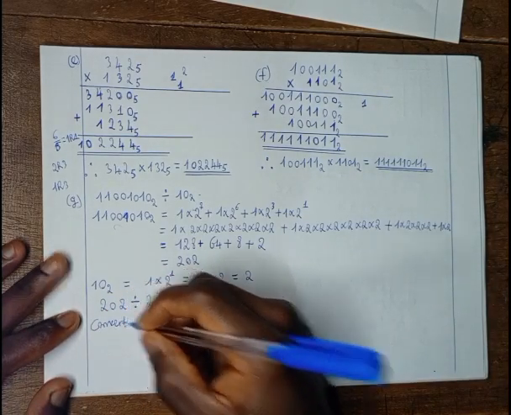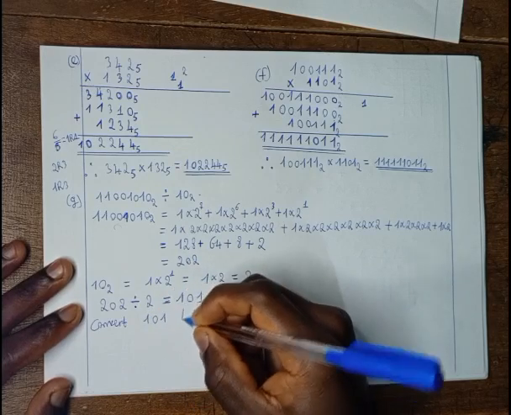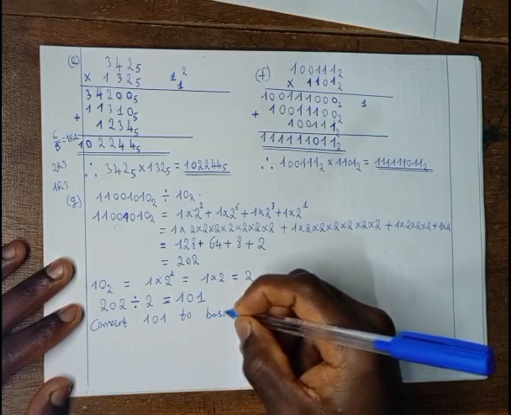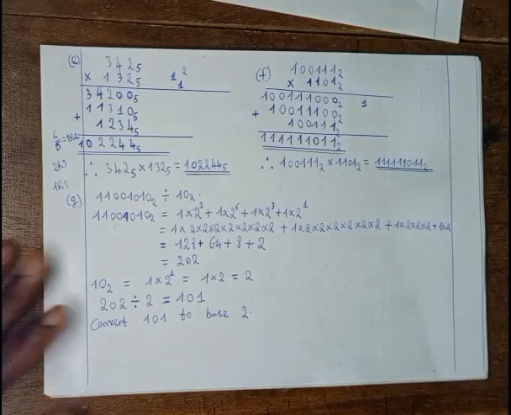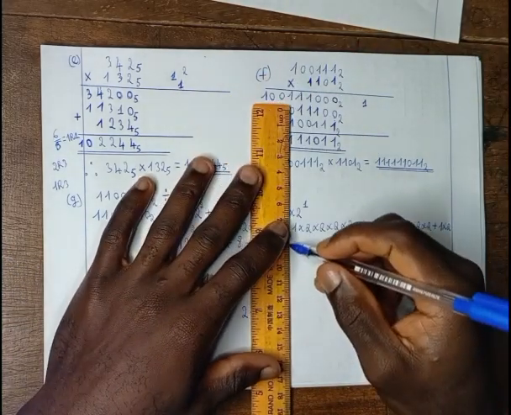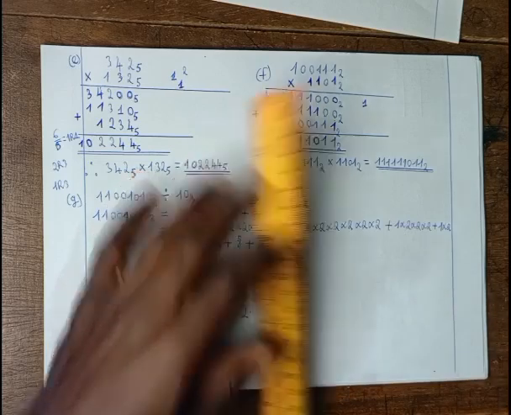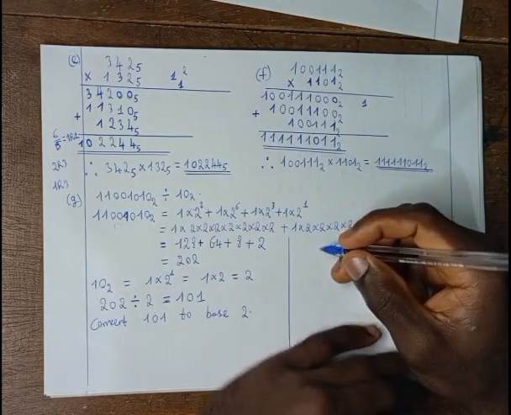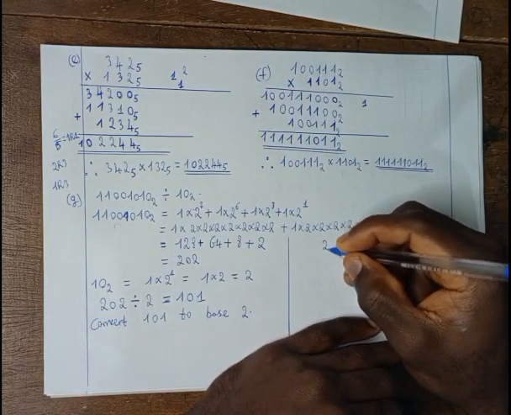Next step, now we have to convert 101 to base 2. Let's do the conversion by the side here. For the first column, we have 2.